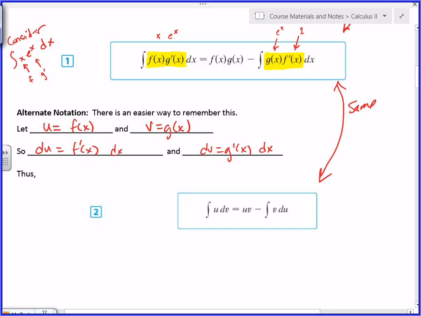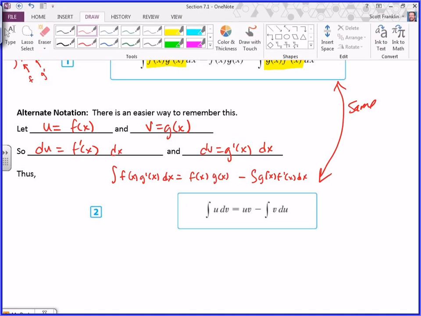So if I had the integral of f of x g prime of x dx equals f of x g of x minus the integral of g of x f prime of x dx, let's fill in all the pieces.